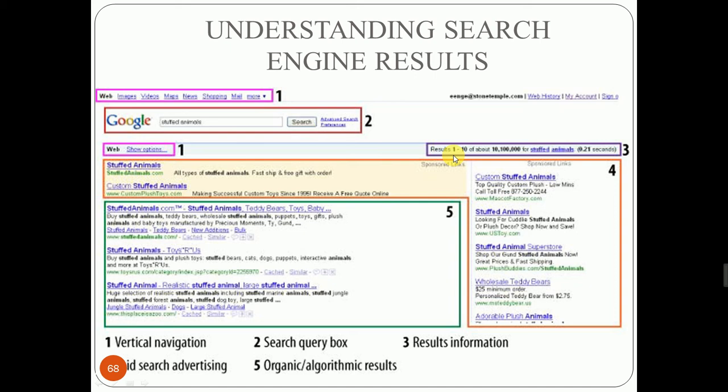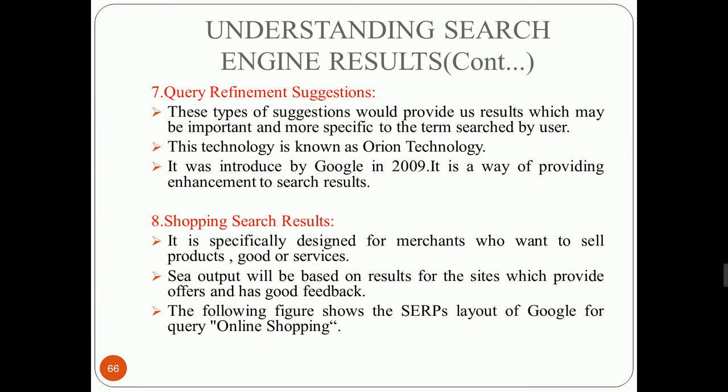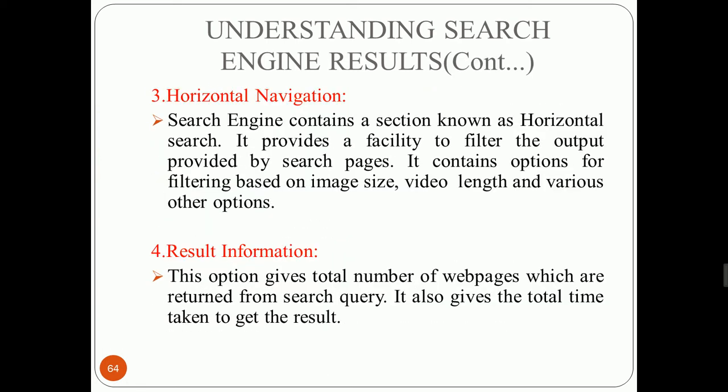In previous lectures we have seen result information, a horizontal section in which we identify the number of results and how much time it has taken to give the result. In the previous section, we saw the images of flowers, how many results and how many seconds it took to give the result.